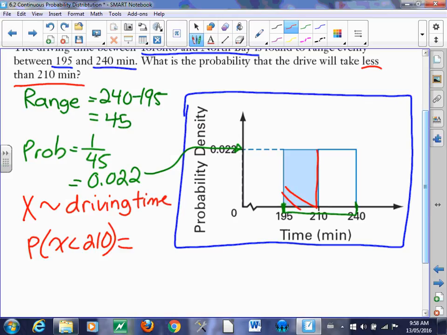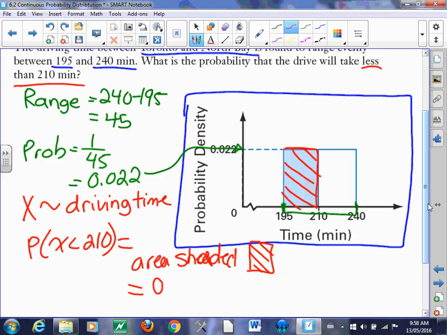We're going to shade this part, so we know that's the shaded part. To do this, remember, it's the area. To find the probability when it's less than 210, it's the area shaded in my little stripes. To find the area, you have to take a look at this part.